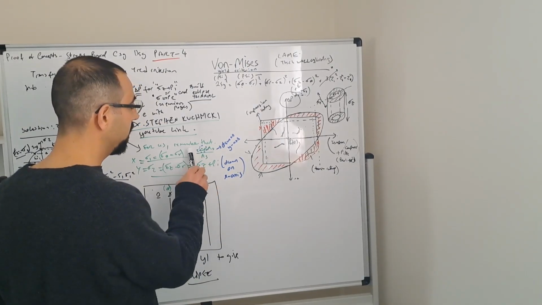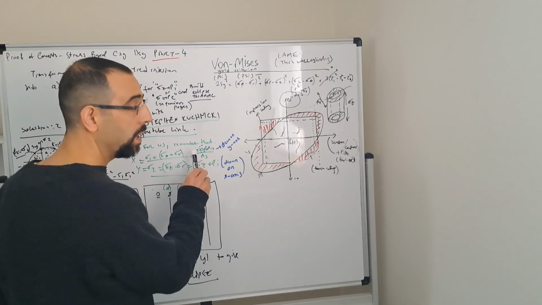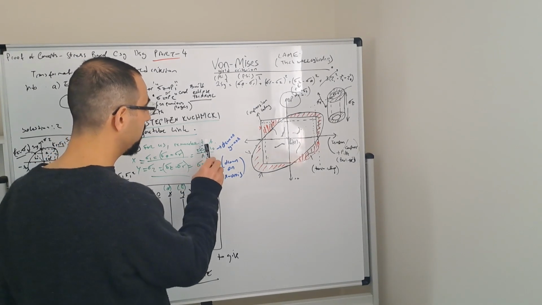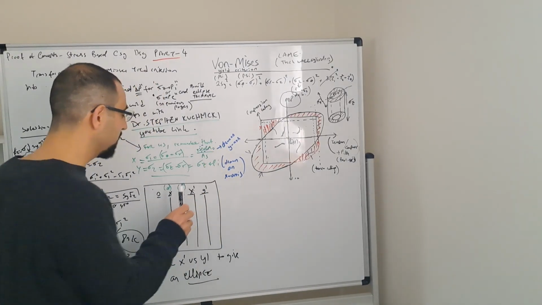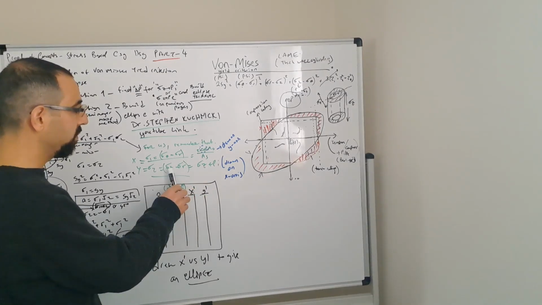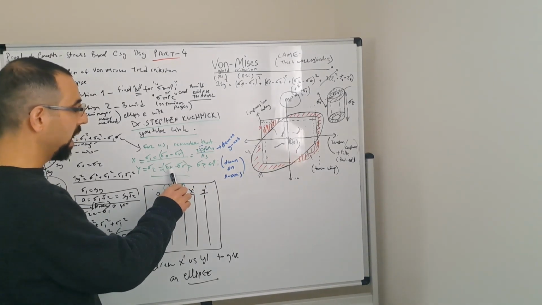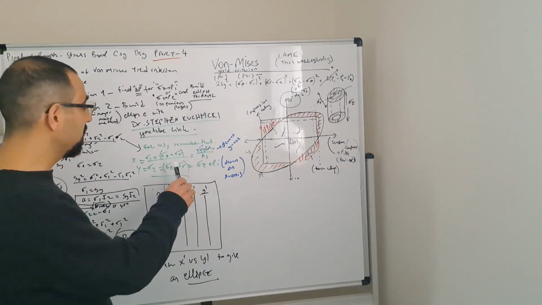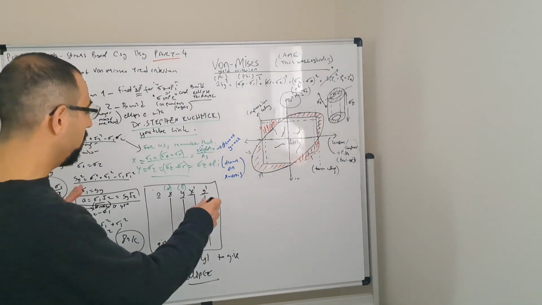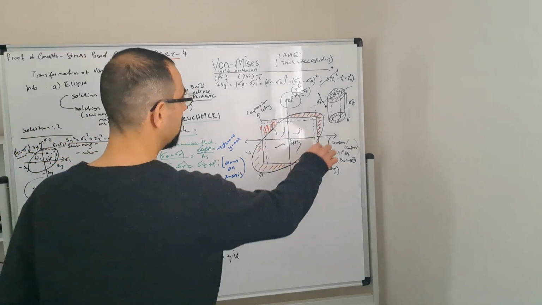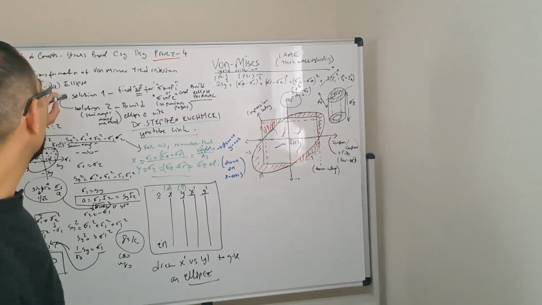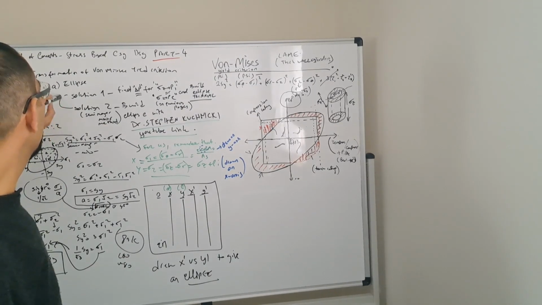And then we will also have 2 times the delta P times the outer area divided by the cross sectional area. They are in terms of our principal stresses, which are axial stress minus the radial stress and tangential stress minus the radial stress.